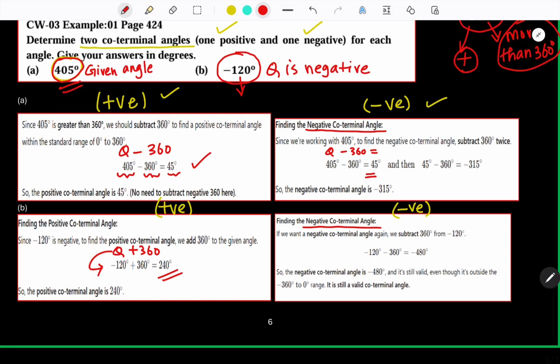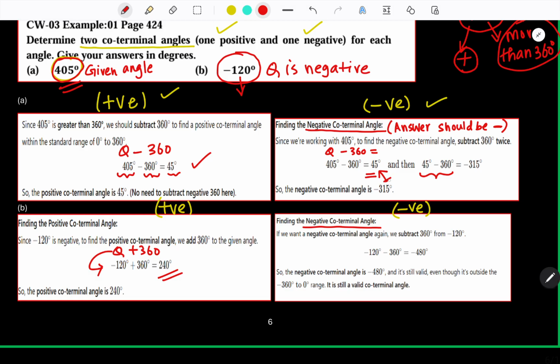But another important point: for a negative coterminal angle, your answer should always be negative. Is this answer negative? No. So what do you need to do? Once again, you subtract 360 until you get a negative answer.